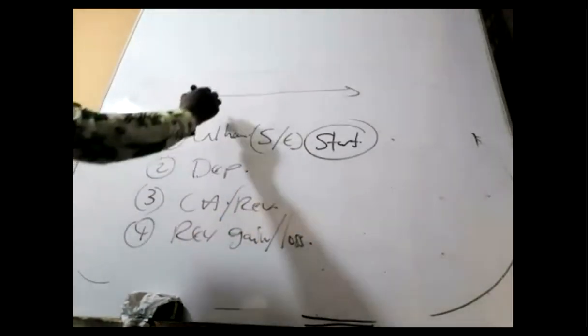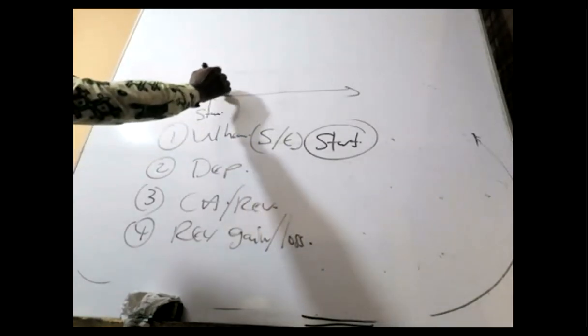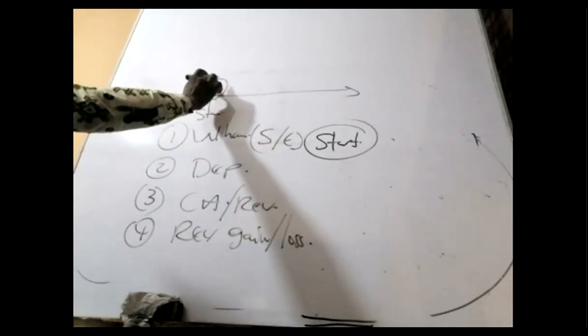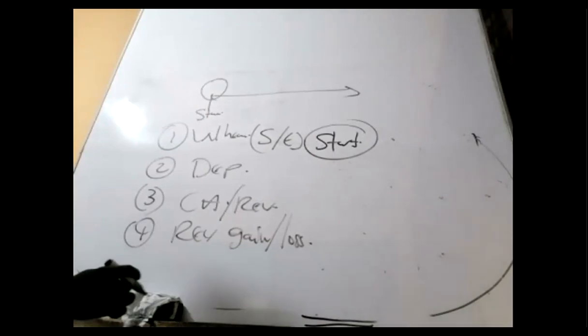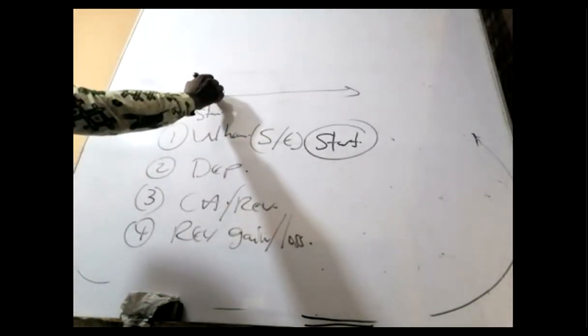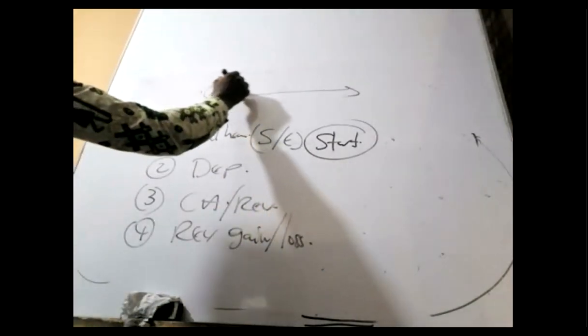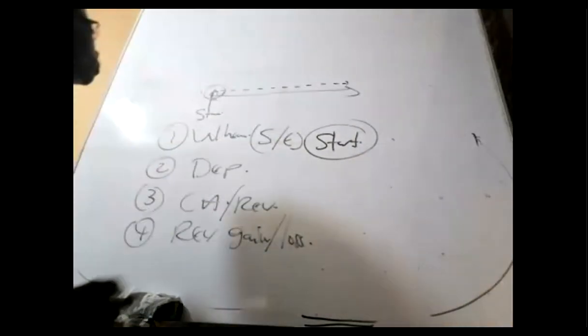Now, take note of this normal line. If it's at the start, meaning the depreciation should be based on the revalued amount. Right at the start of the year, the asset value was changed, so that value will be the one that travels through.